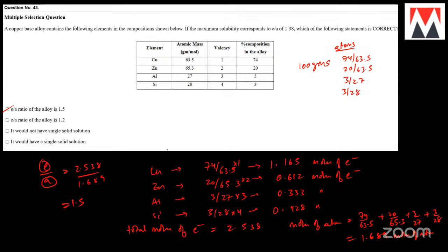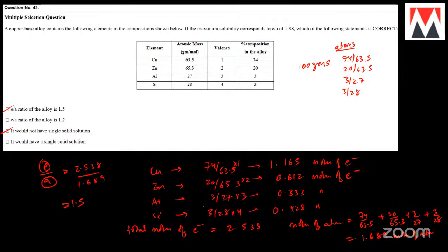So the alloy which you got has more E by A than 1.38, so it would not have a single solid solution. If your value is less than this only, it will get completely dissolved and be a single solid solution. If it is greater than this, it would not have a single solid solution. So your answer is A and C.